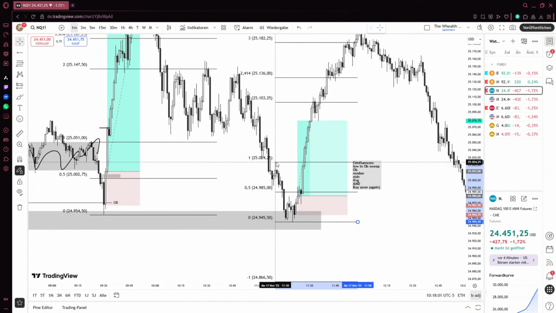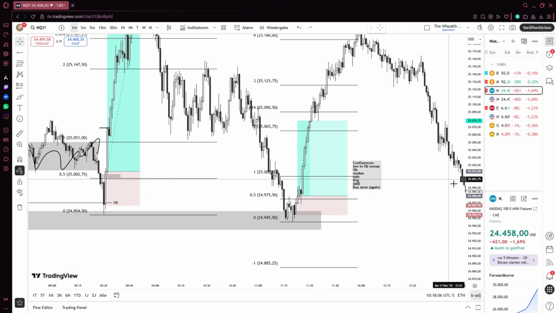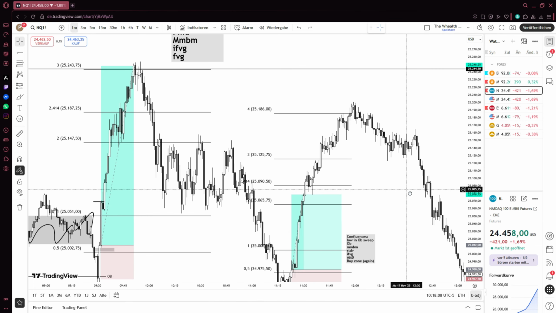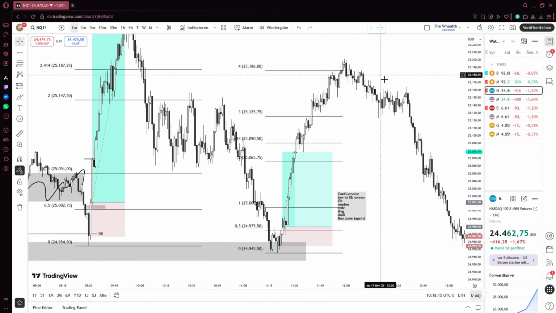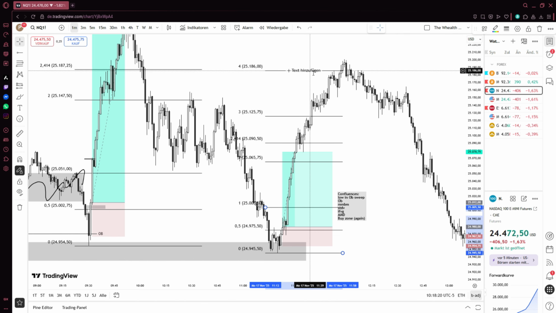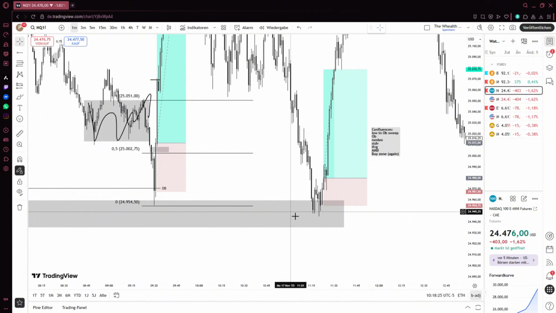Actually, I don't really like it, because this is the move. Not perfect, really not perfect. It would have played out perfectly to this 4 level, but you see what I mean. And I did enter on this one. It tapped again into my buy zone, swept the low inside of my buy zone and the low in the order block.